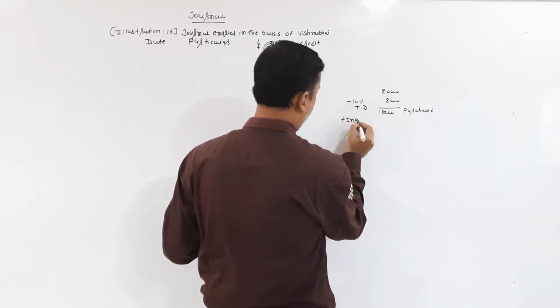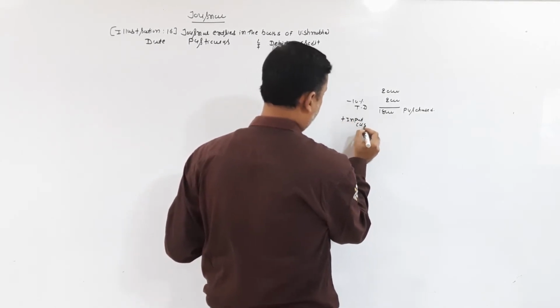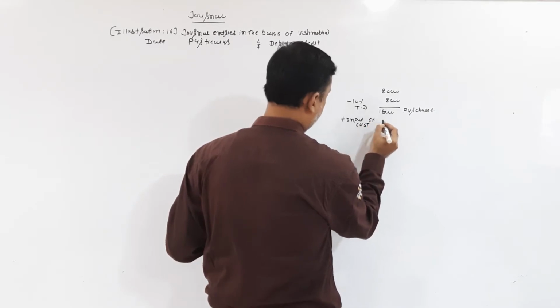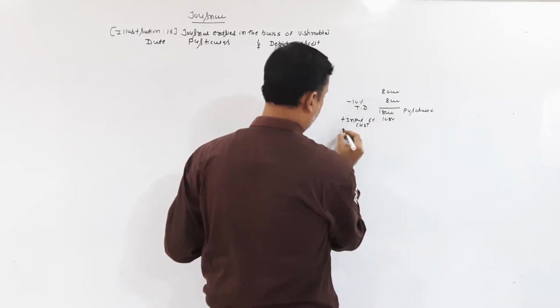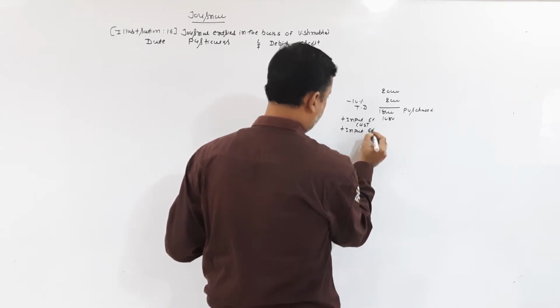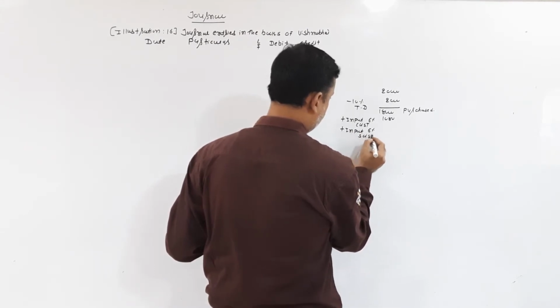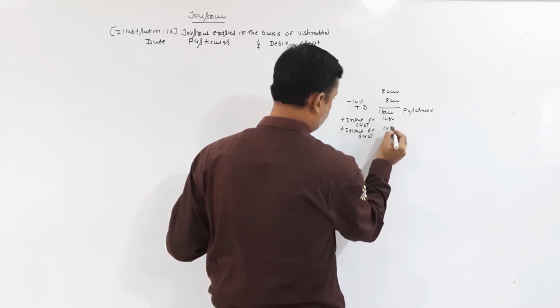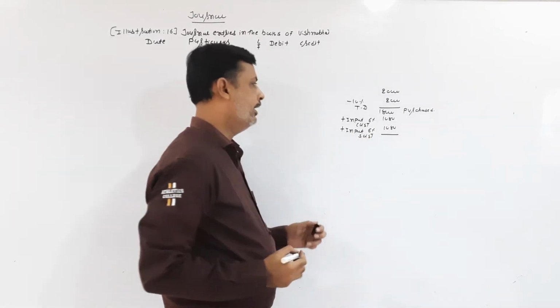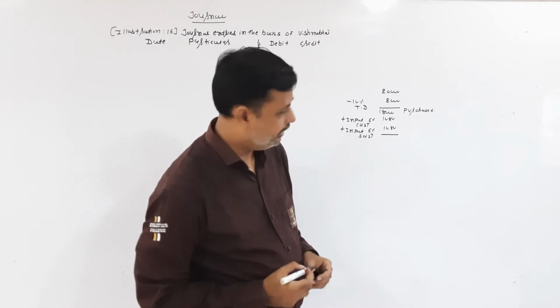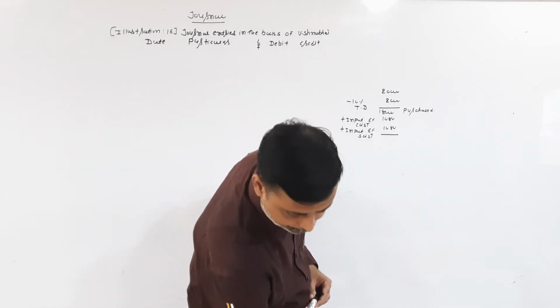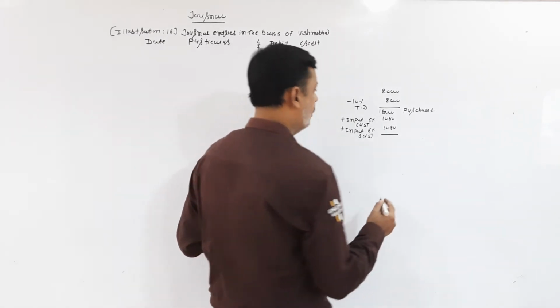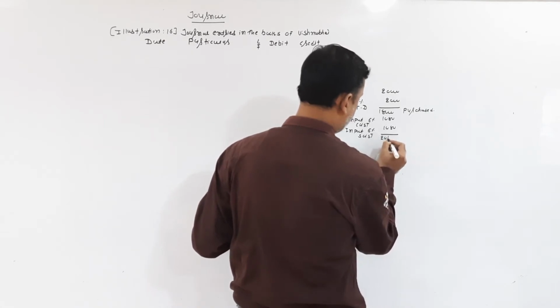Input CGST 6%, 1,080. Input SGST 6%, 1,080. So 18,000 plus 1,080 plus 1,080 becomes 20,160.